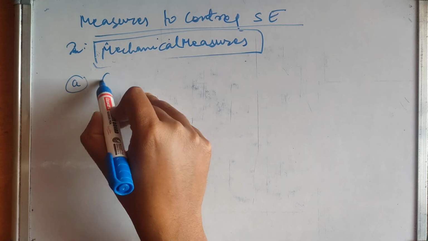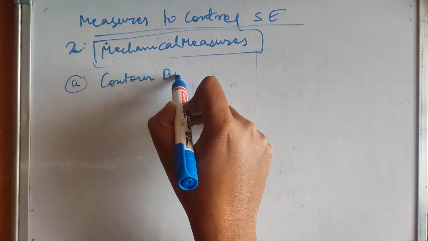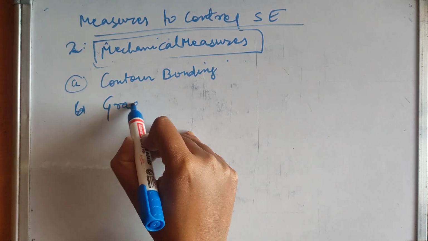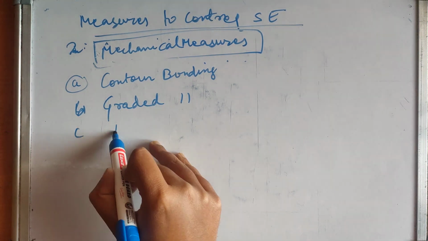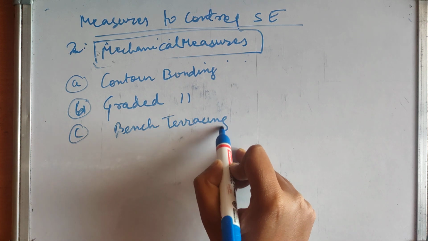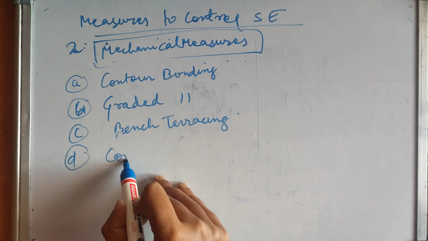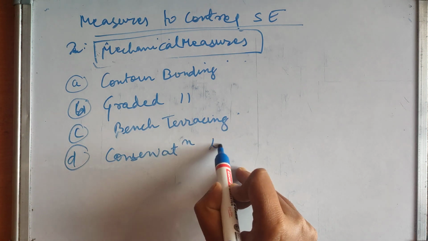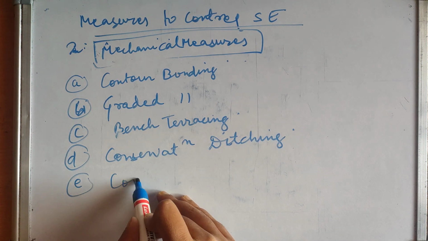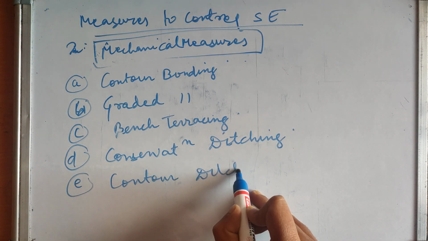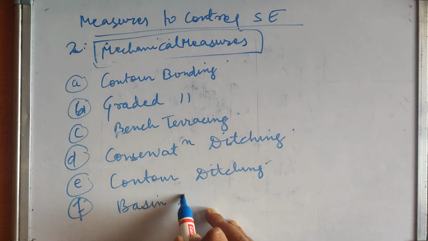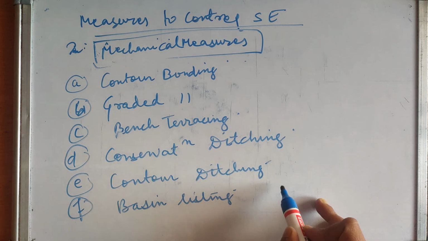We can do contour bunding, graded bunding, bench terracing, conservation ditching, contour ditching, basin listing, and subsoiling.